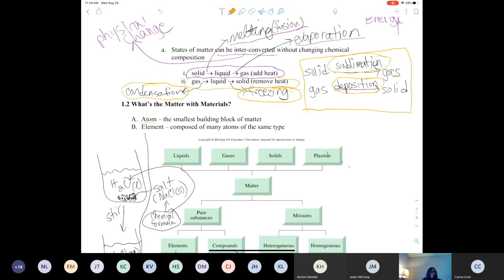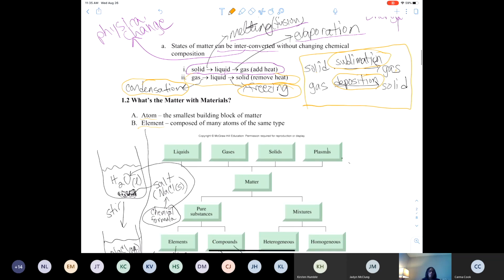And an element, like those that are on the periodic table, is composed of many atoms that are of the same type. So for instance, the element carbon consists of many different atoms of carbon. That's what makes a sample of carbon carbon. It consists of only carbon atoms. So the type of atom is specific to a specific element.